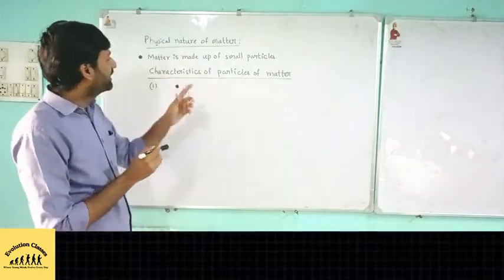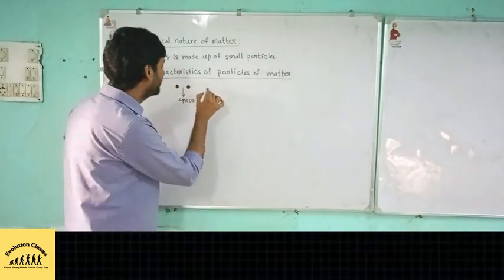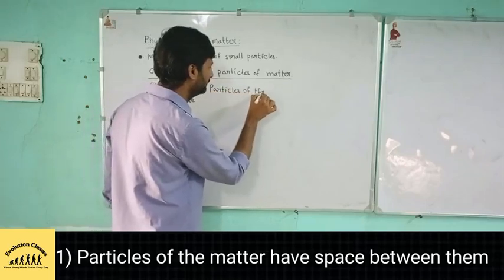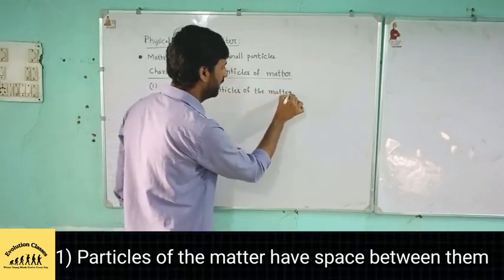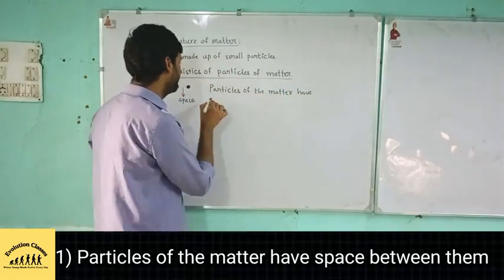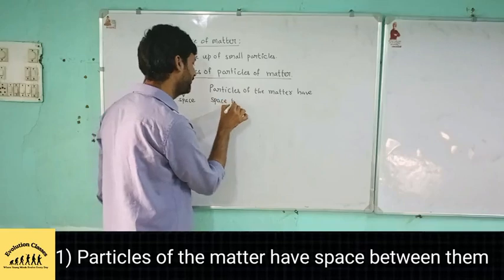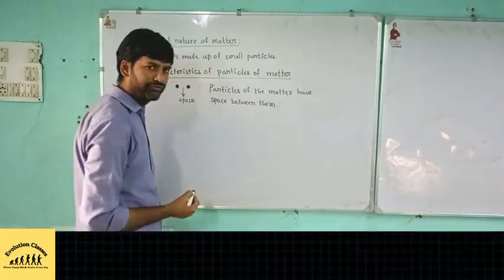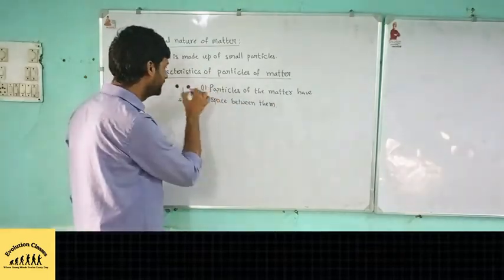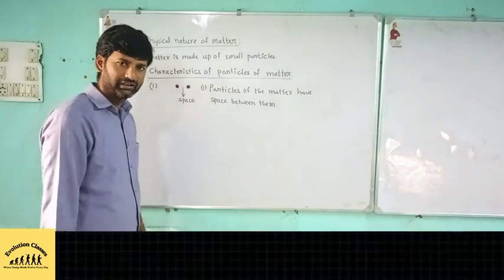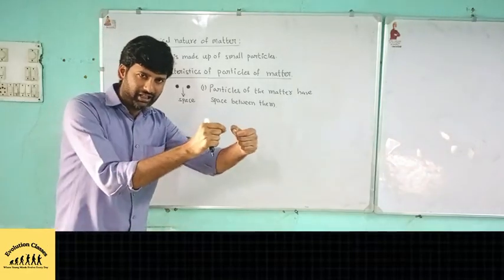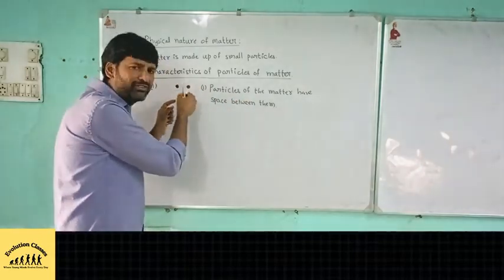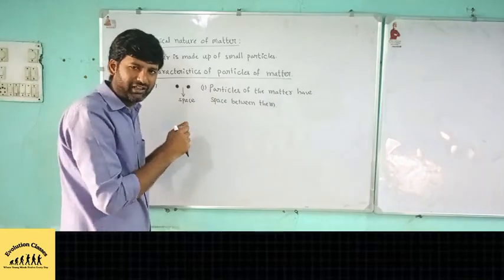Particles of matter have space between them. This is the first characteristic. The particles are arranged in such a way that there is always some space between them.